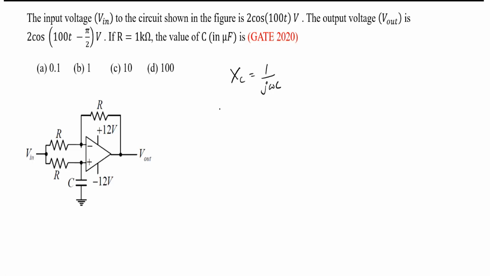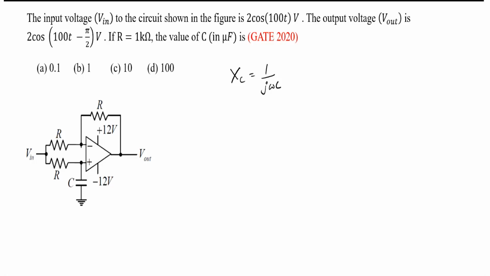Now, I will give you a minute to read the question. Please read the question carefully so that I can proceed with the explanation. All of you, please kindly read the question once. Okay, have you read the question?